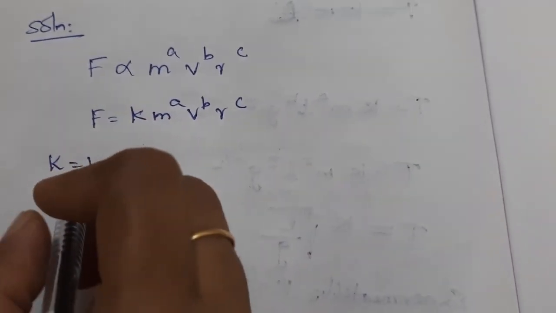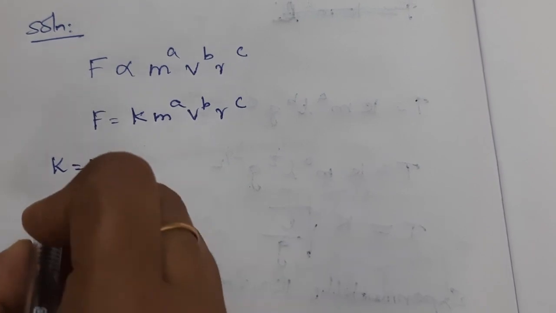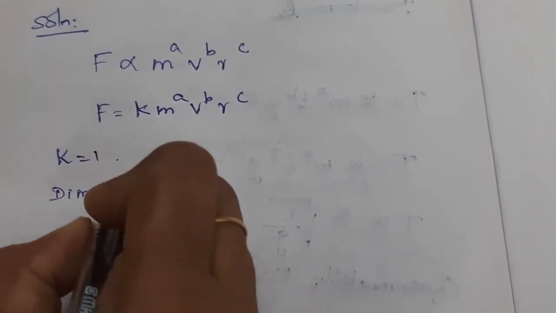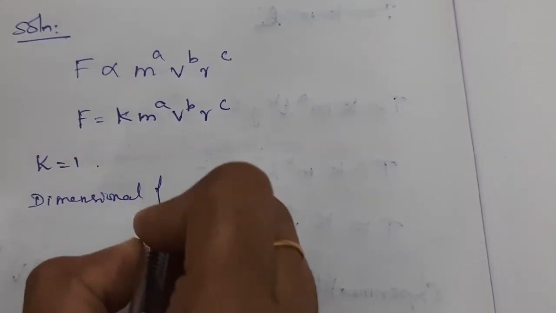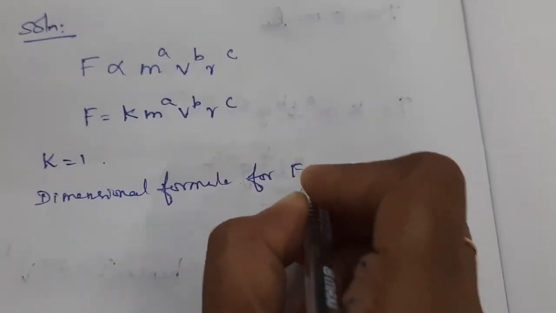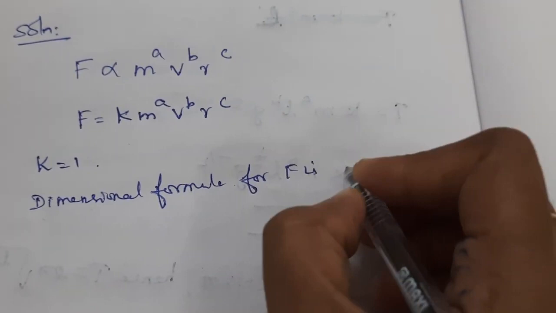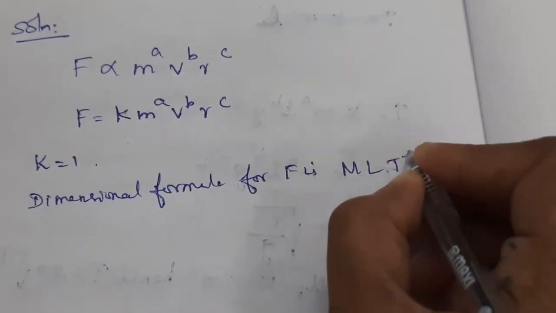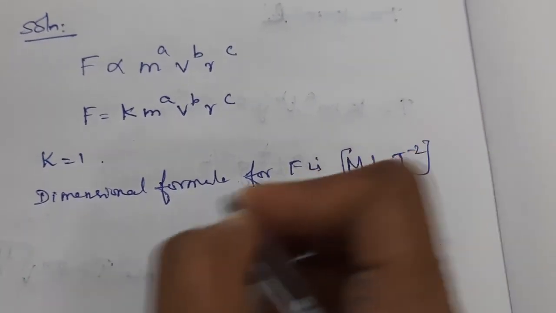Substitute the dimensional formula for all these quantities. The dimensional formula for F is M L T raised to minus 2, mass into acceleration.